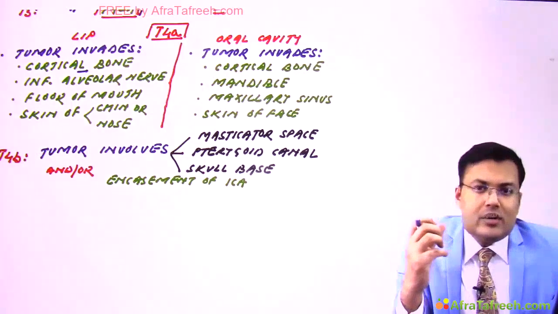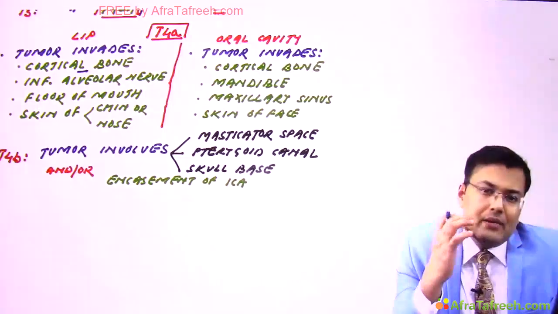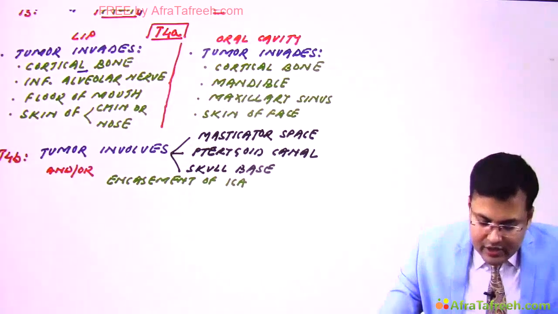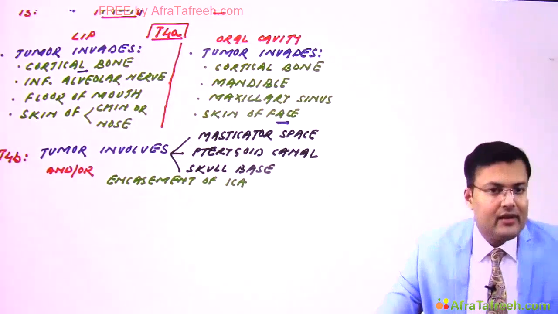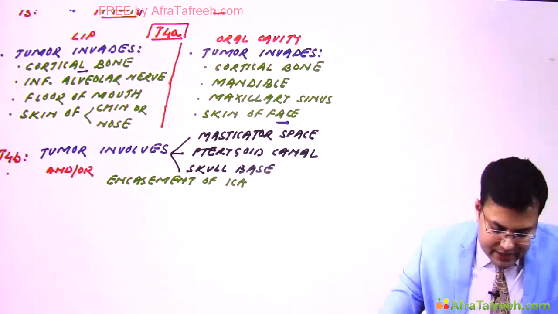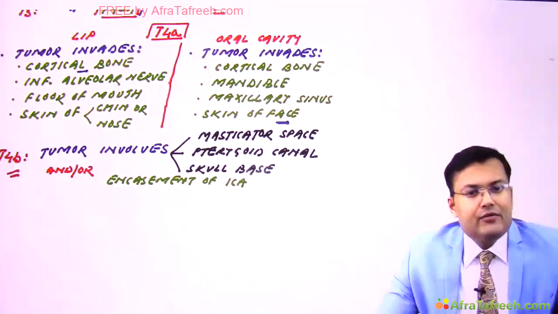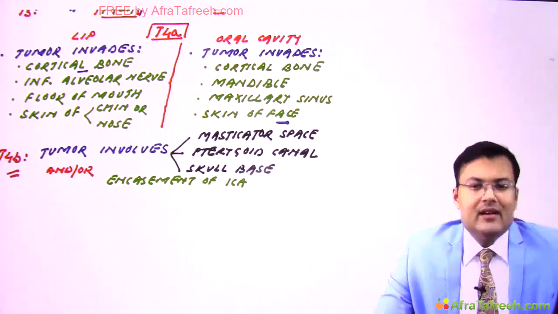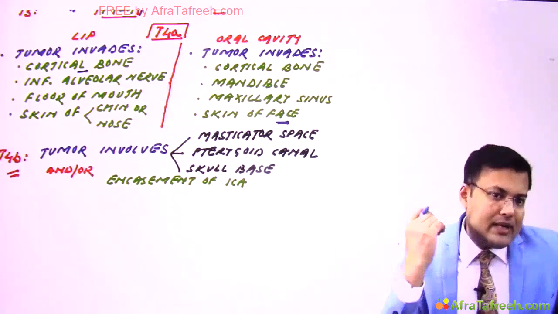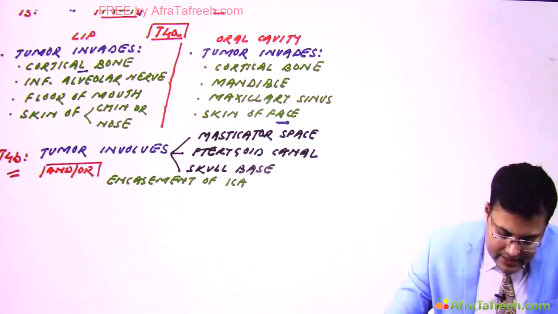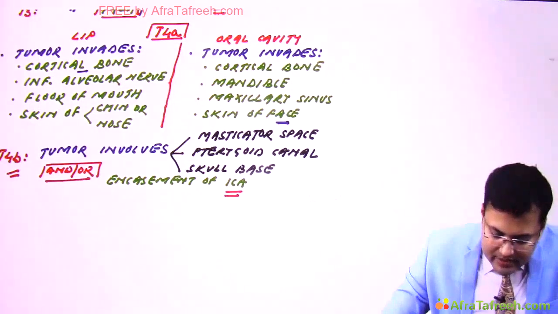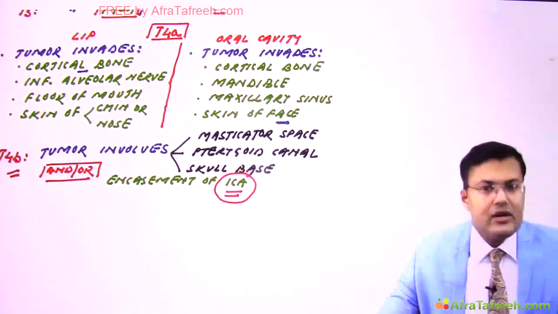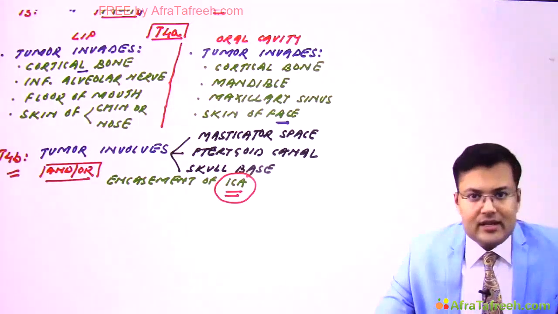Here the tumor invades cortical bone, mandible, maxillary sinus or skin of face. Clear? And T4B is the same for both. In T4B, there is involvement of masticator space, pterygoid canal, skull base, and or encasement of internal carotid artery. So this is T staging.